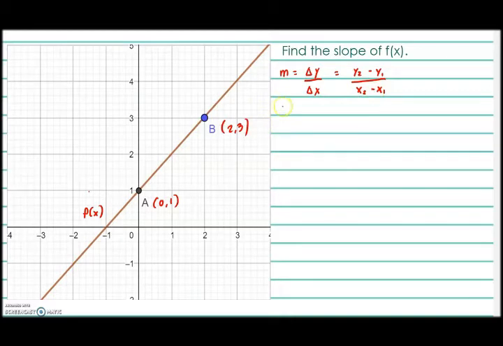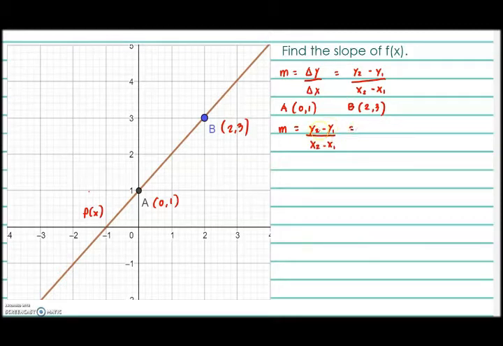Okay, let's go back to the points given. We have A is at 0 and 1, and point B is at 2 and 3. Let's compute for the slope. We have m is equal to y sub 2 minus y sub 1 over x sub 2 minus x sub 1.